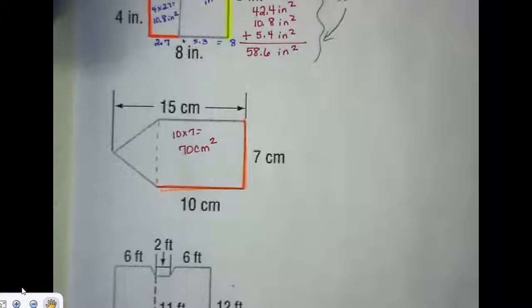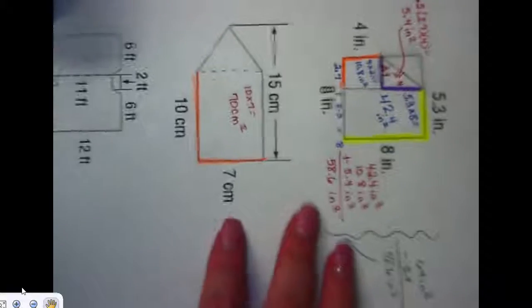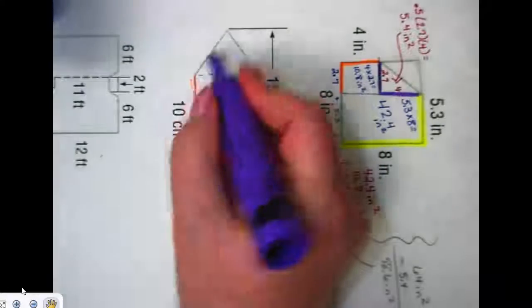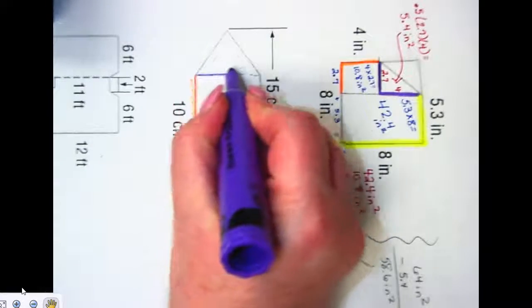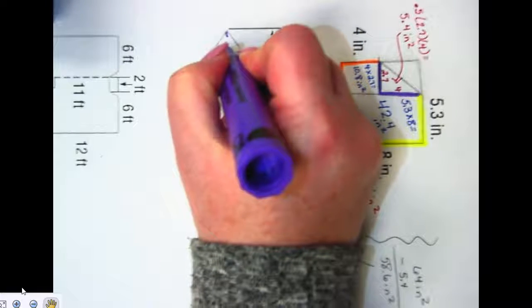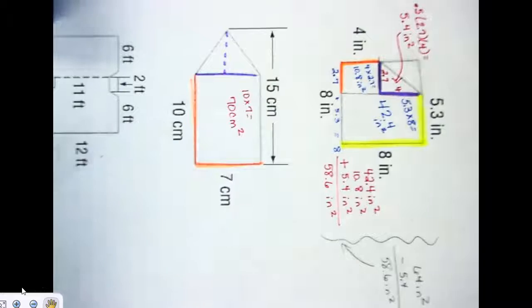All right. Now we've got to think about this triangle. I'm going to turn my paper to help me. So I'm looking for the base and the height. So the base is what it's sitting on. And the height goes from the base to the tippy top point.